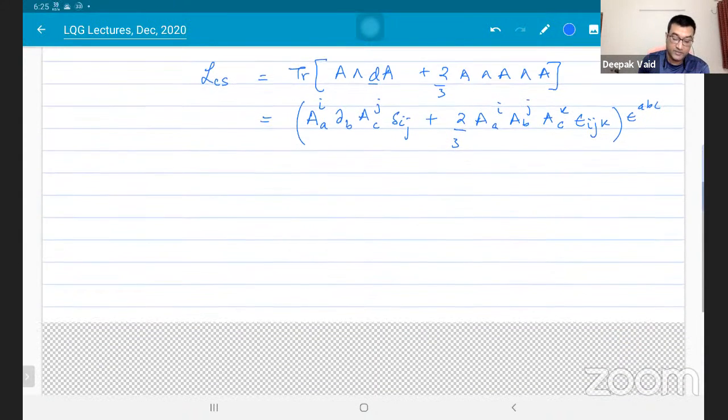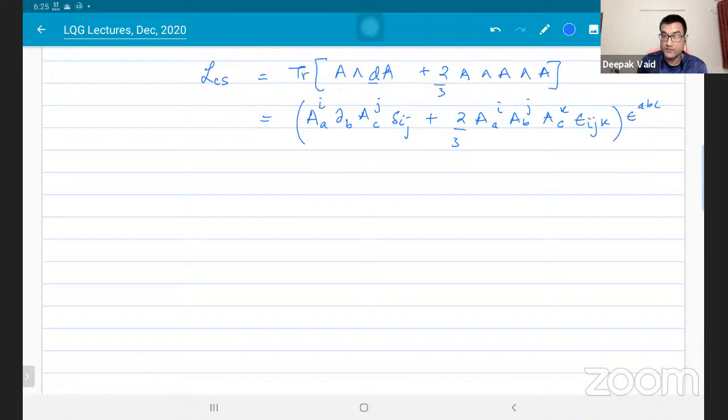This is a very famous action. It was made famous, in particular, by Witten, right, when he talked about knot theory and the Jones polynomial.